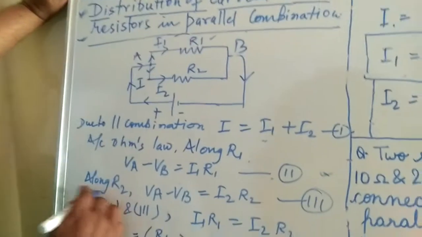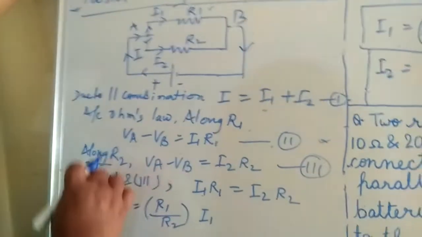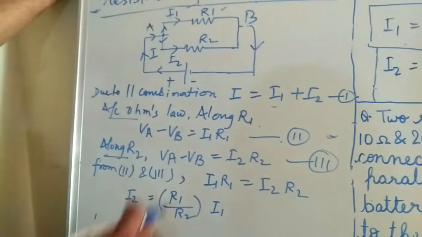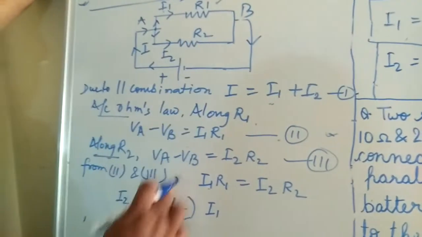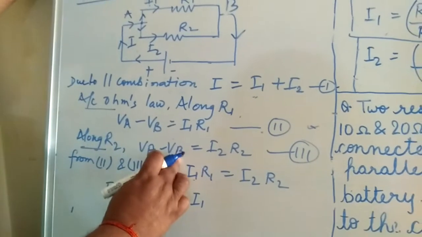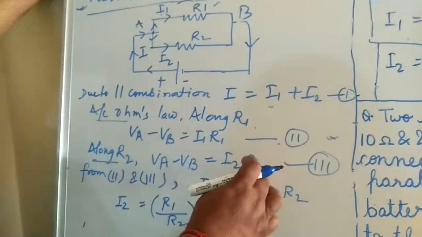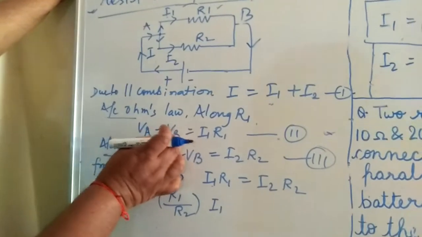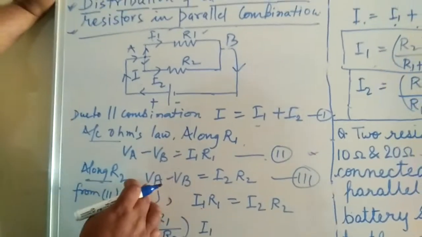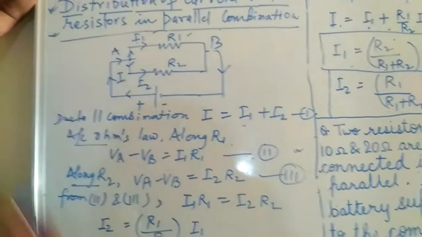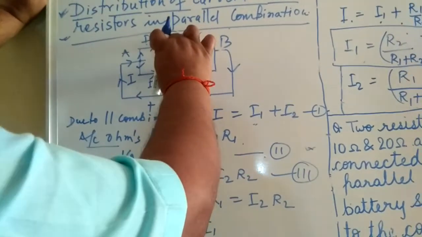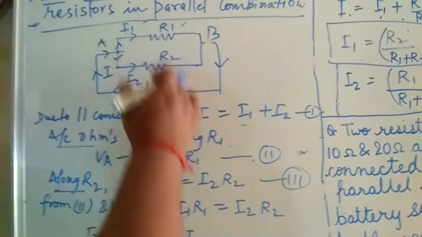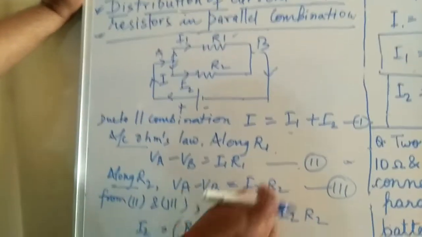Likewise, we also apply the same law, Ohm's law, in R2, and it becomes VA minus VB is equal to I2 into R2. Here it is VA minus VB, and here also VA minus VB. Both are the same because it is a parallel combination. In a parallel combination, we know that the potential along each resistor is the same. So that will be equal.